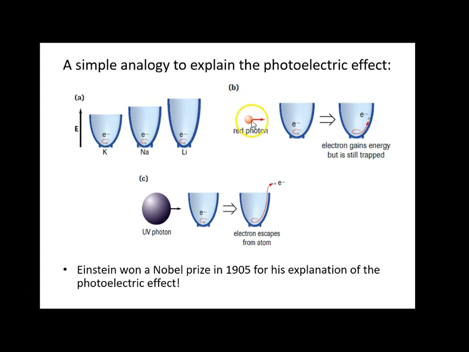If we shine a red photon on these caps that contain the electron, it might get excited up to a certain level, but it's not going to leave the cap. It's not going to be ejected. However, if we use UV light that has much more energy, the electron will absorb the energy from that photon, and it might be ejected, resulting in the production of electricity.